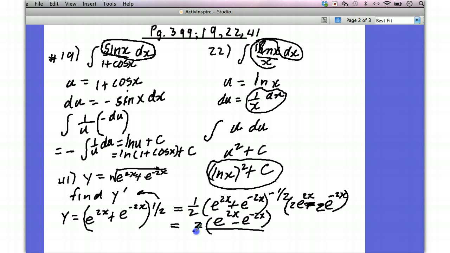I could put it over a 2 because of the 1/2 here. And then this would be the square root of e to the 2x plus e to the negative 2x. The 2's will destroy each other, and my answer will essentially be this right here.